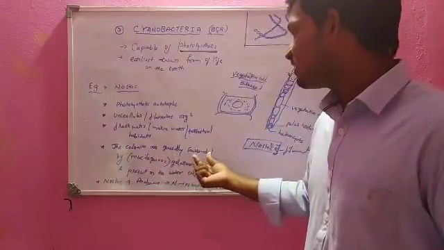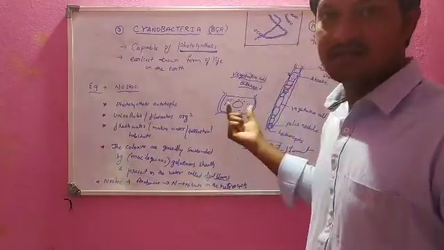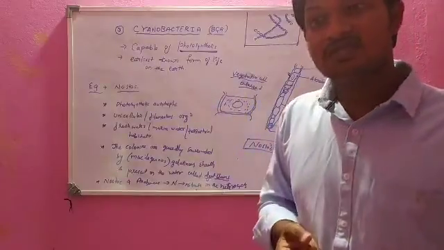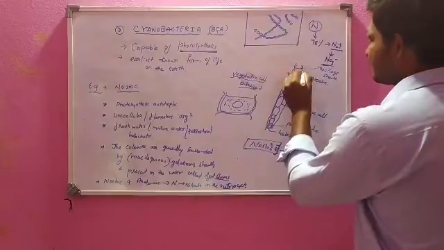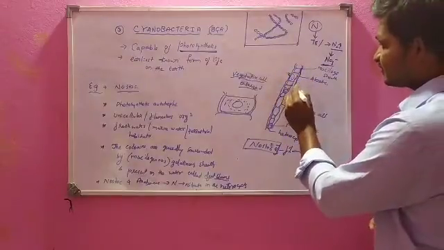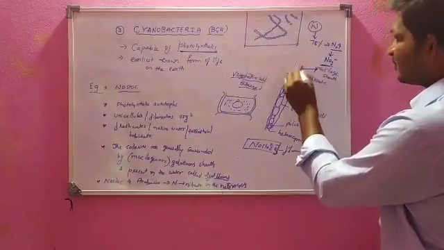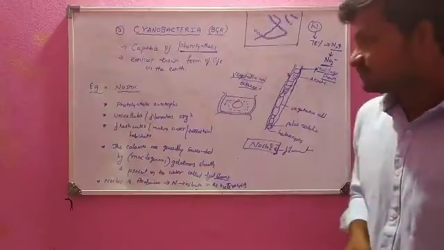The colonies are generally surrounded by a mucilaginous sheath. If you see this cell, it is covered by mucilaginous material, a chemical component which surrounds it. This is the diagram for Nostoc. The whole body is surrounded by the mucilaginous sheath.